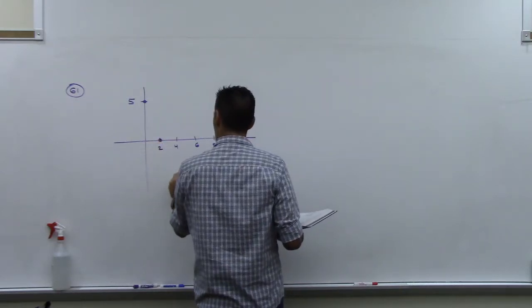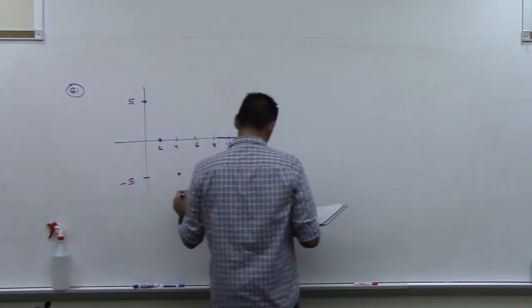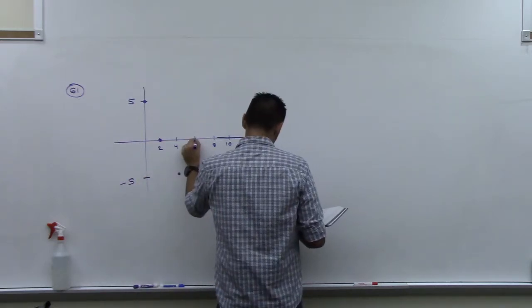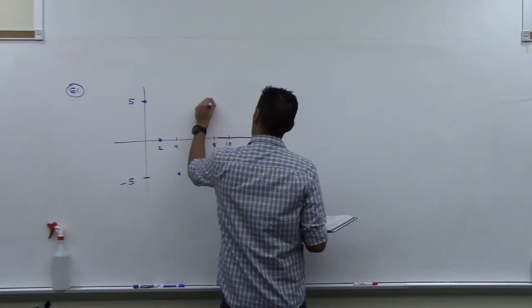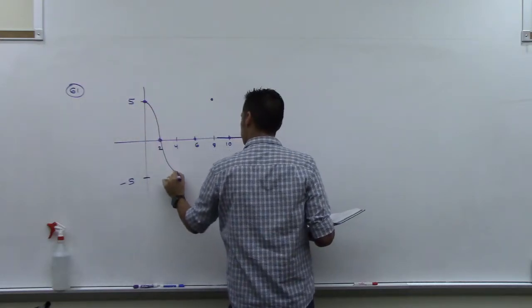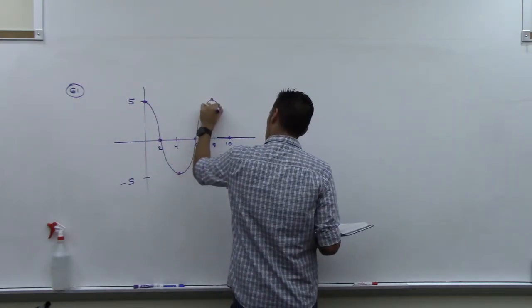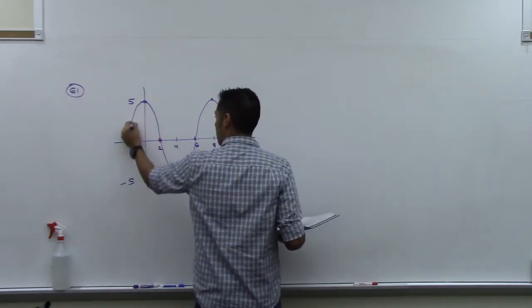At 4, we're at the bottom. And that looks like we're down at negative 5. And then at 6, we're here. Then at 8, we're up at 5. And then it starts to come down again, 10 here. So this is the picture they give you. And it goes down. And then they actually go backwards like this too.